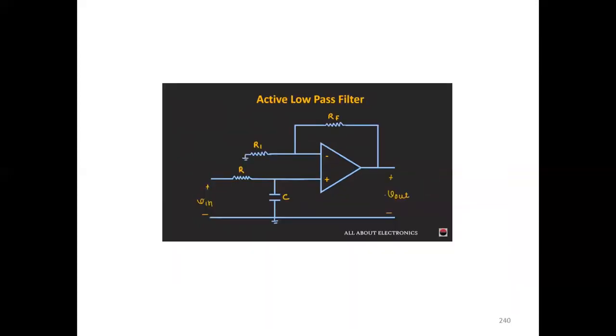So active low pass filter. This is the circuit diagram for the active low pass filter. We connect the RC network to the input side, so it allows signals only up to the particular cutoff frequency; otherwise the output will be 0.